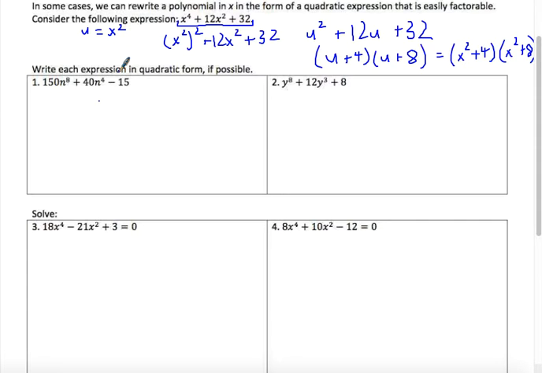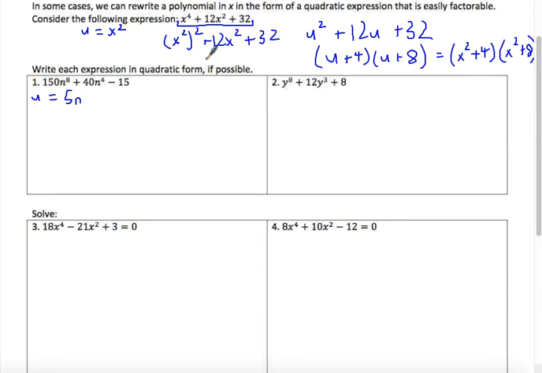So the other thing we notice is that 150 is divisible by 25, which is 5 squared, and 40 is divisible by just 5. So we're going to let u equal 5n squared. Actually, we can let u equal 5n to the fourth, since we're starting with 8th power.